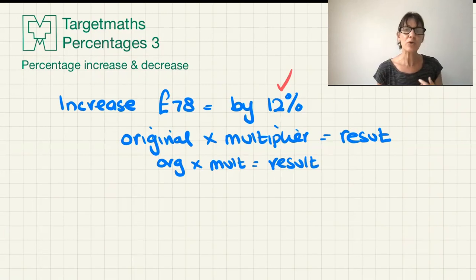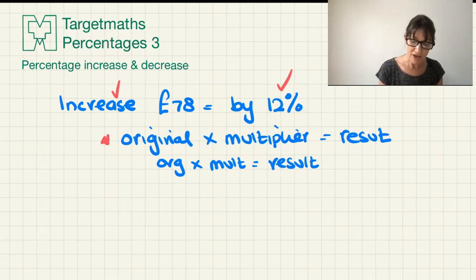If it's got the word increase, or the story is telling you there is an increase, you get another tick. If you get 2 ticks, you're doing original times multiplier equals result. It is that simple. So you read carefully. Oh, it's an increase, tick. Oh, there's 12%, tick. 2-tick question, original times multiplier equals result.